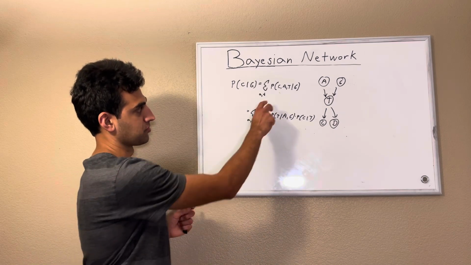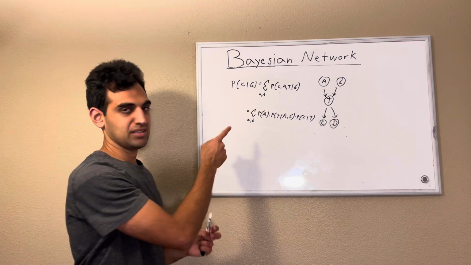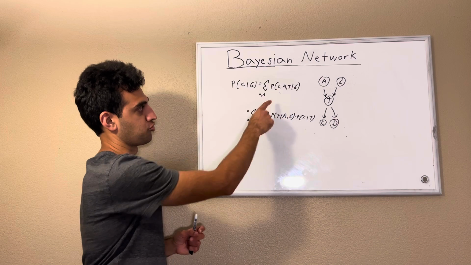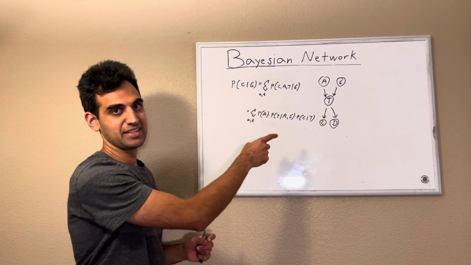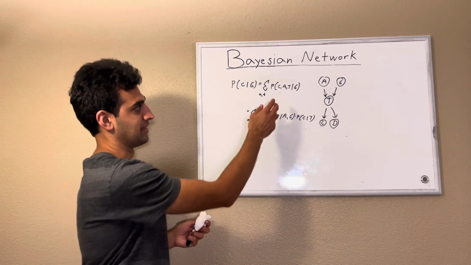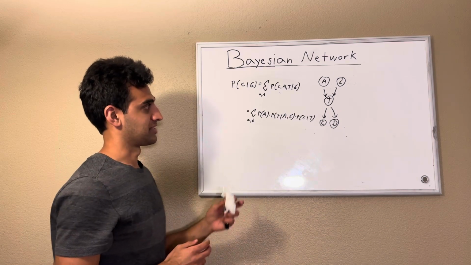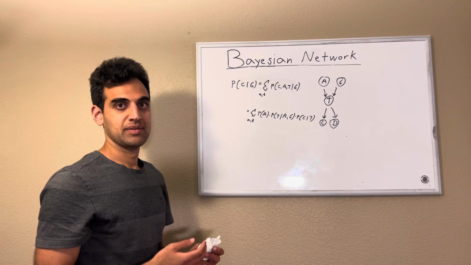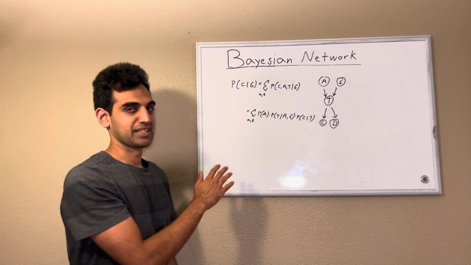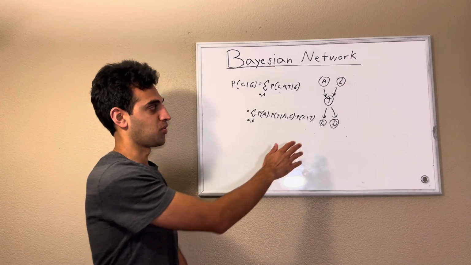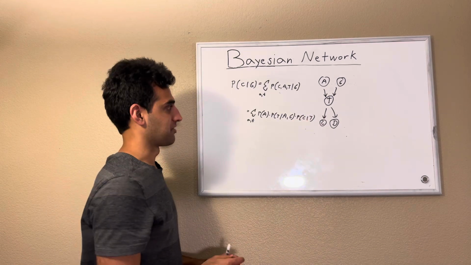We did a chain rule of taking the probability of a variable in the joint given the evidence, and then the next variable would be the probability of that given the previous variable, as well as the evidence, and so on and so forth, as well as leveraging conditional independence, saying that a node is only really dependent on its parents.